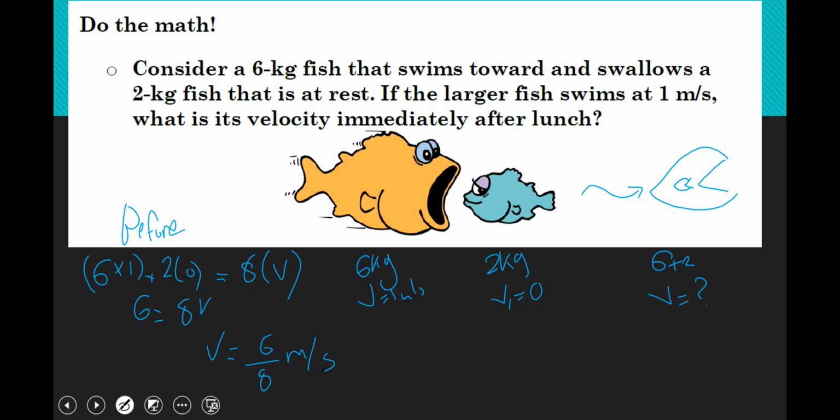And by logic, when the mass is 6, it's moving at 1 meter per second. When its mass increased to 8, the velocity will decrease. It will be lower while swimming than before, when it was 6 kilograms.